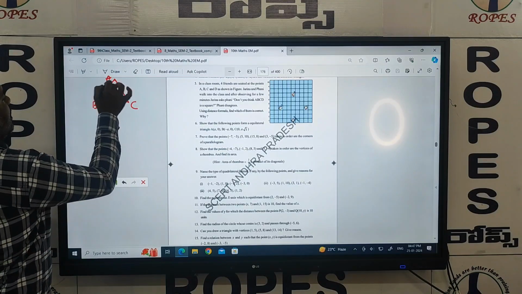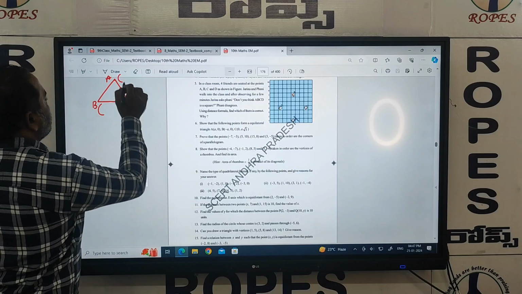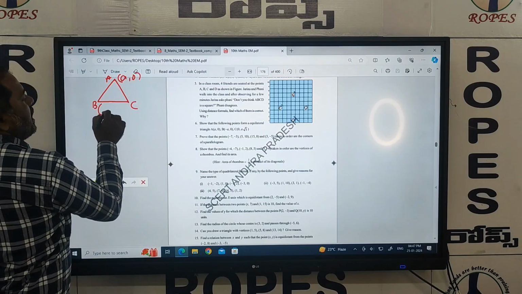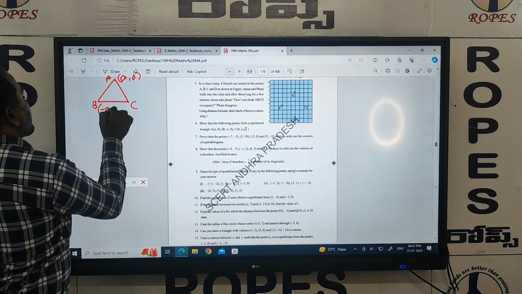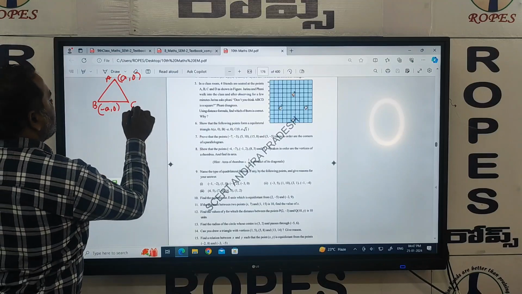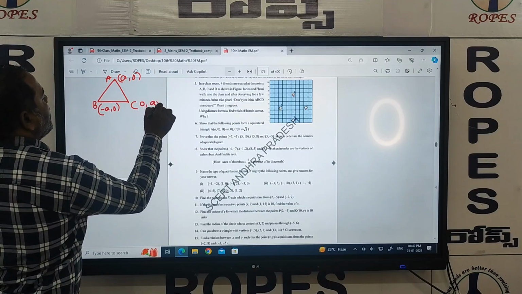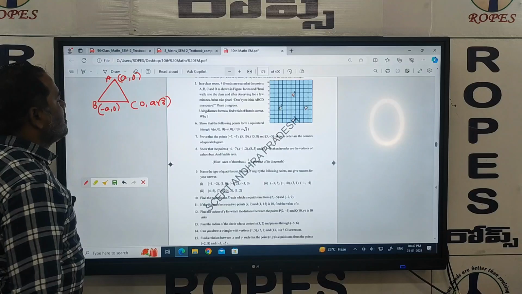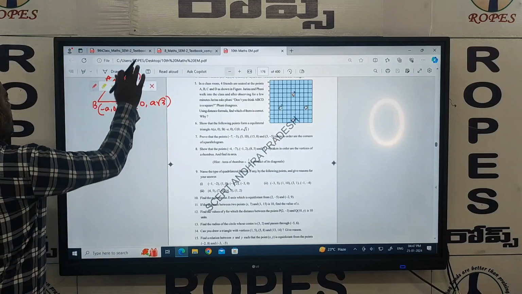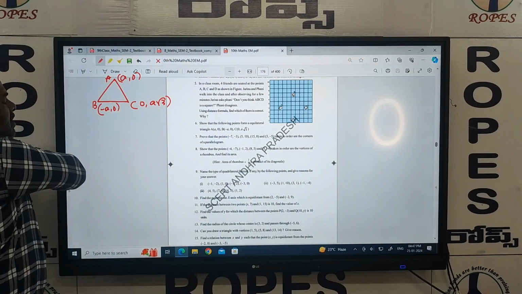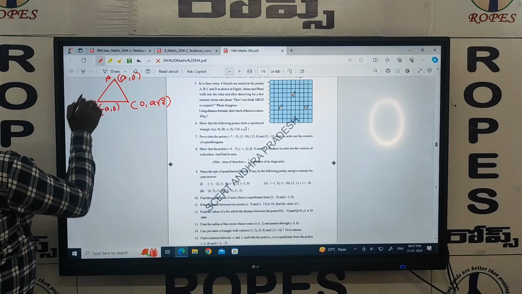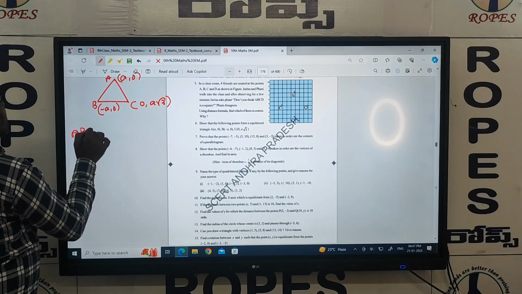If we take A as (a, 0), B as (−a, 0), C as (0, a√3), these are the points A, B, C. By using these, we will check whether it is forming an equilateral triangle or not. Now we will see the AB distance.